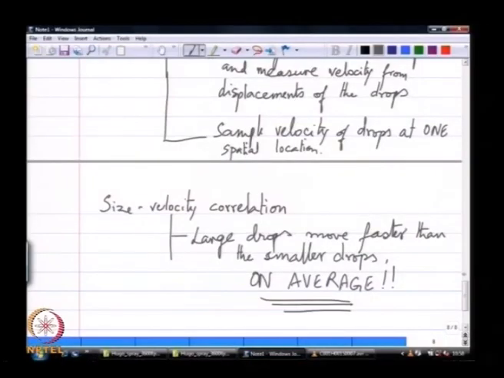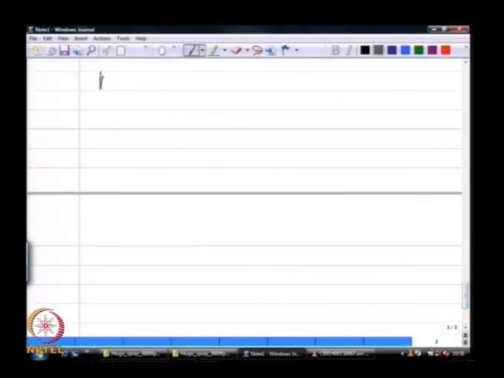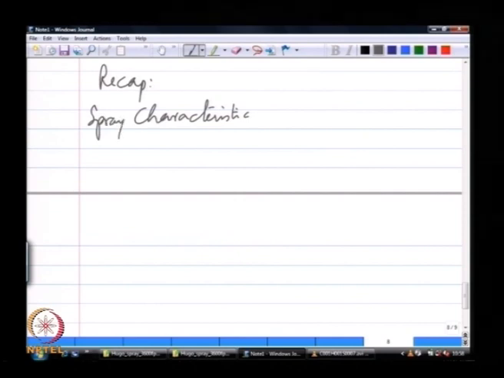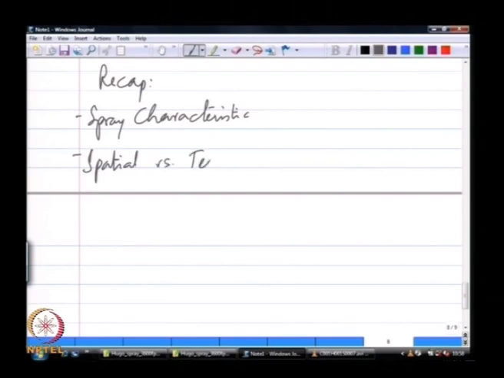Just as a quick recap, we talked of different measures or different characteristics of spray, and then we talked of spatial versus temporal measurements and the equivalence thereof.